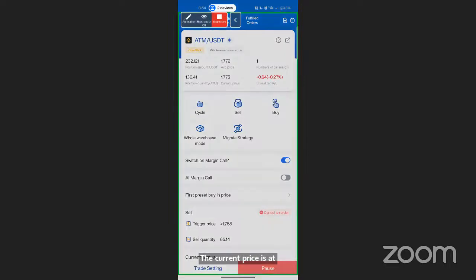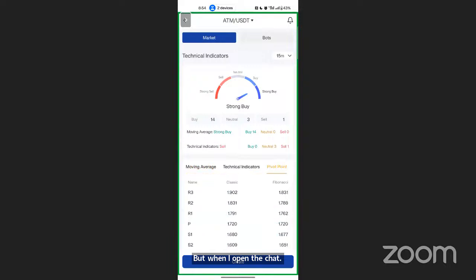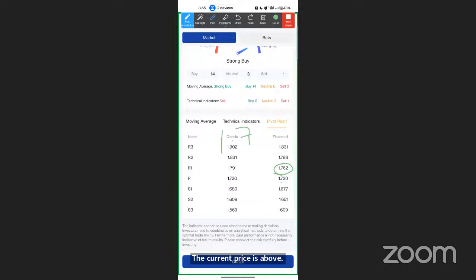But when I open the chart here in 15 minutes on pivot, we see that resistance 1 was already hit and the coin is planning to go to resistance 2. So it is already above. The current price is above resistance 1 because it is at 1.77 something. It's above.